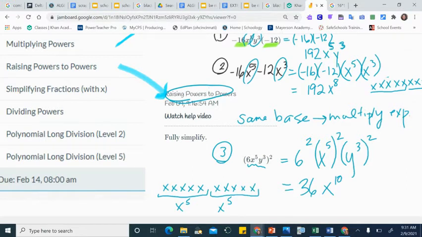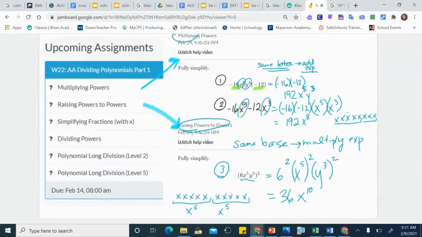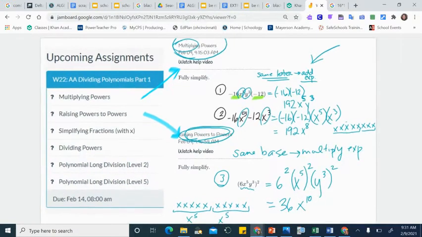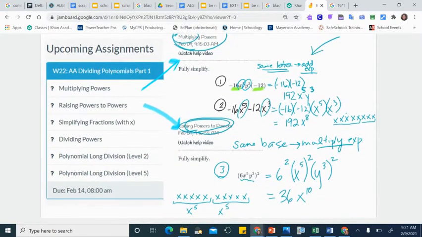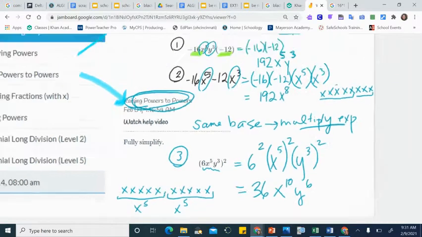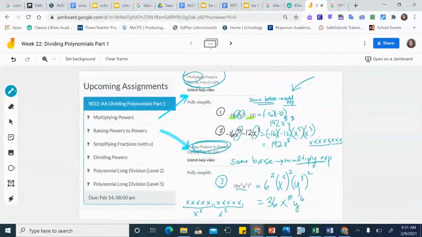As a quick reminder, if you are multiplying the bases, you add the exponents. If you're taking a power to a power, then you multiply the exponents. And so to finish this question out, y cubed squared means we're going to do 2 times 3, which is y to the 6. Now, that's a quick review of multiplying and raising powers to powers, because now we're going to start dividing.